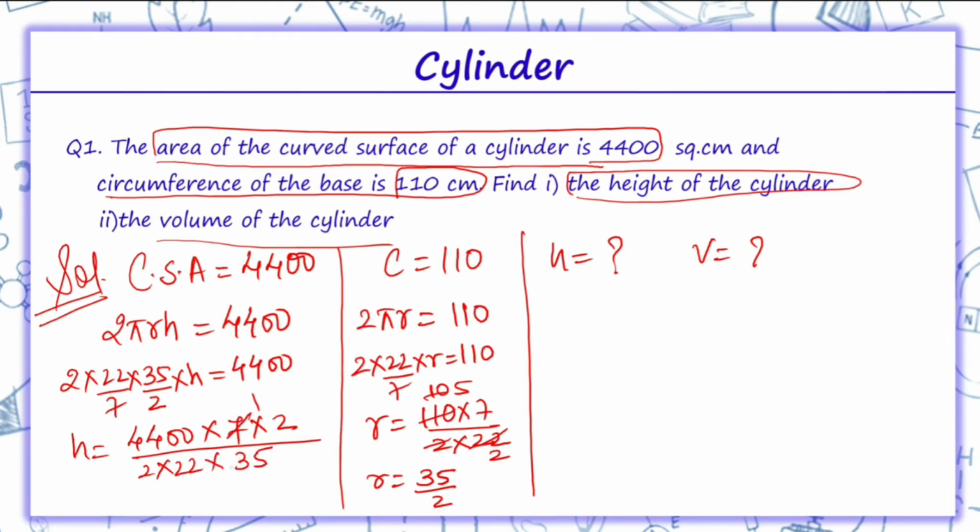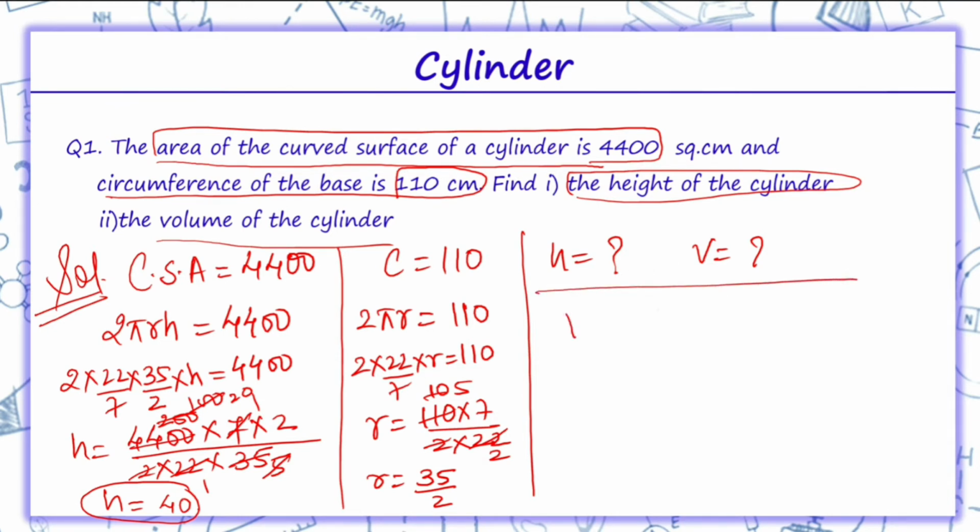So 7 into 1 is 7, 7 into 5 is 35, 22 into 1 is 22, 22 into 2 is 44, 200, 2 into 100, thus 5 into 2 is 20. Thus h is equal to 40. So this is what we have got as h.